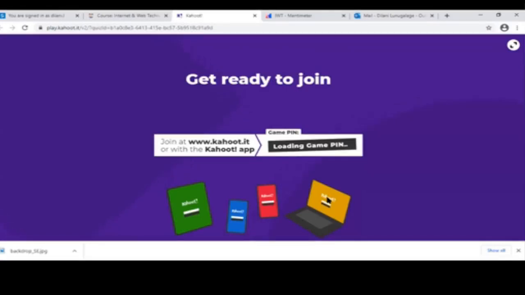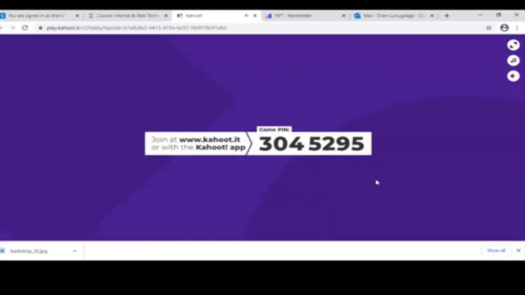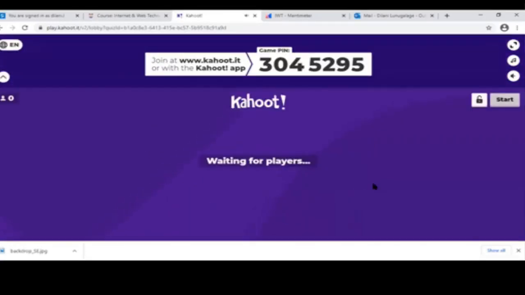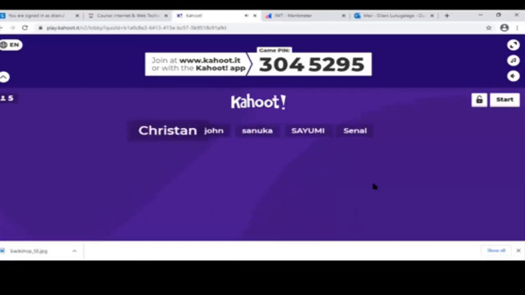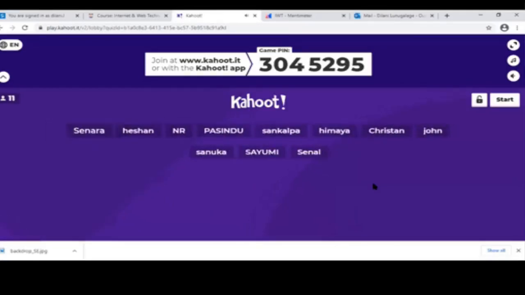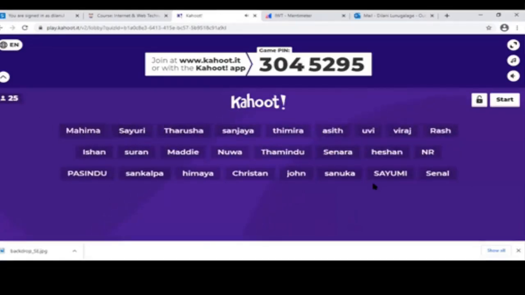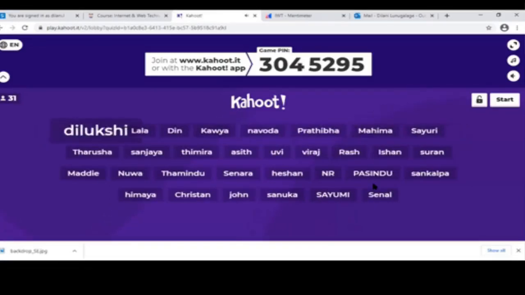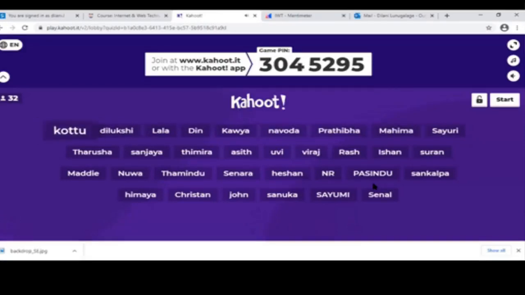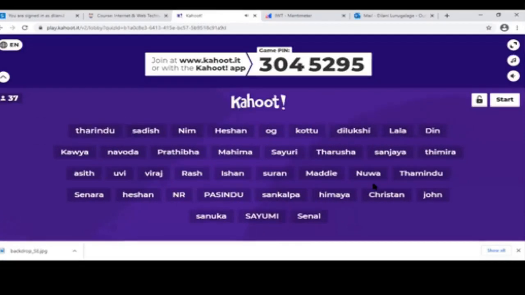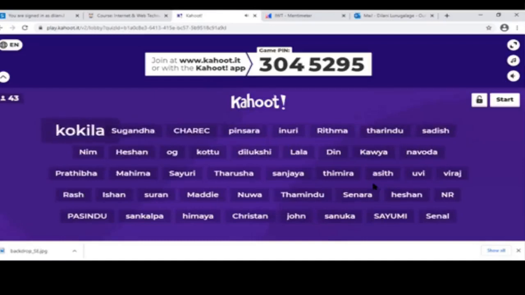So you can see the screen, right? Okay, this is the game pin. Senal is there, Sayumi, Sanuka, John, passing, okay. 15, 16, 20, 23, 25, 29, 30, 31, 32, 37.